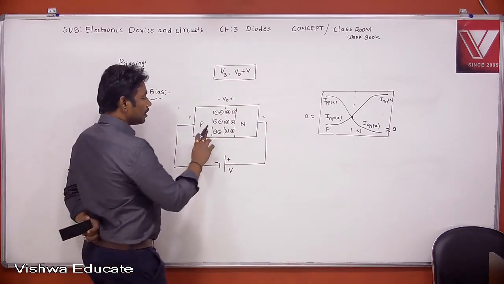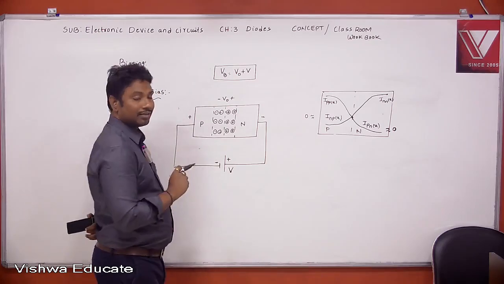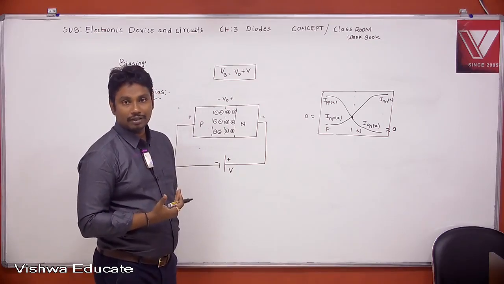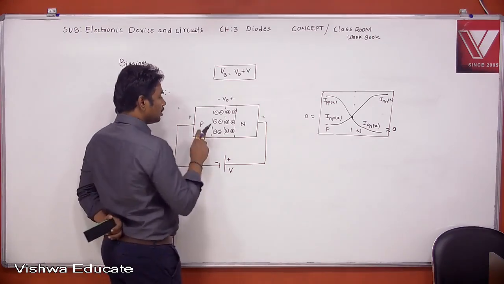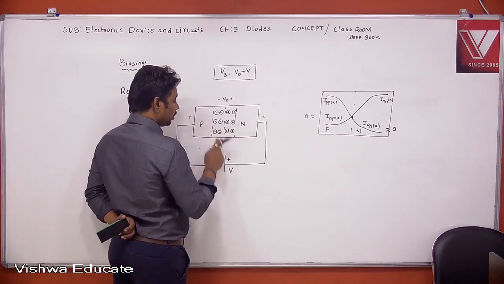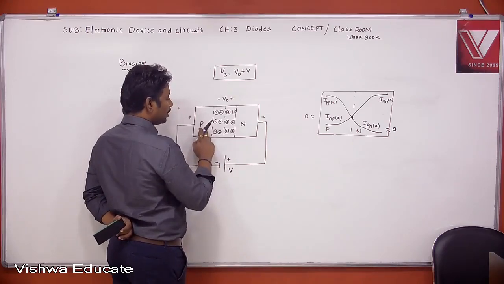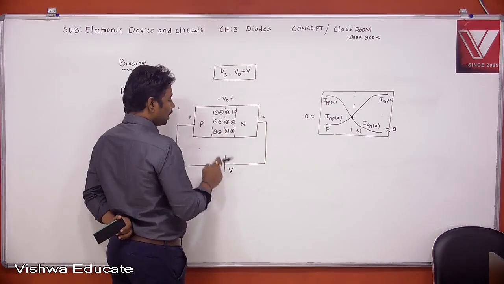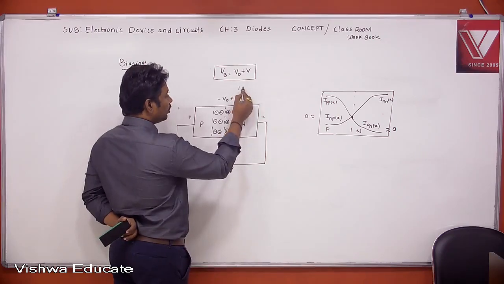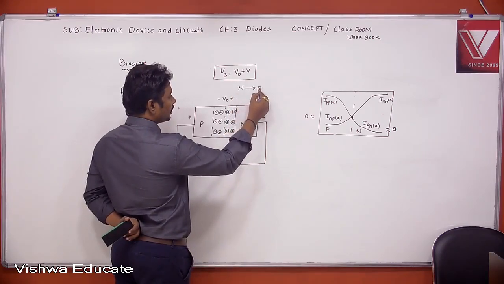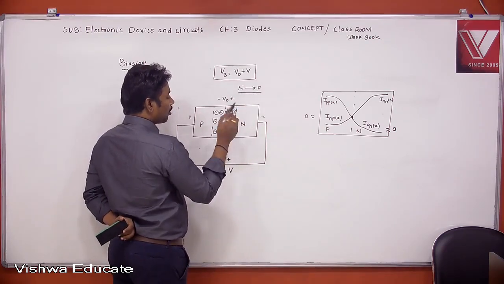Due to this large barrier potential, no majority charge carriers will flow from P to N as well as N to P. That means the majority carrier current is zero. But minority carriers will flow from P to N and N to P because of the high reverse voltage, and they produce a current in the direction of N to P, which is constant and negligible.